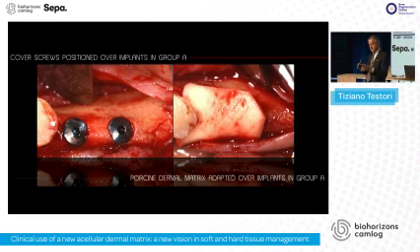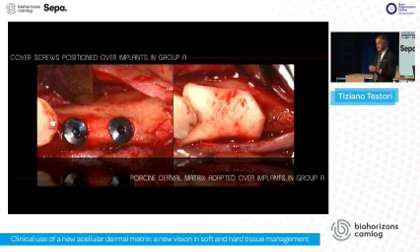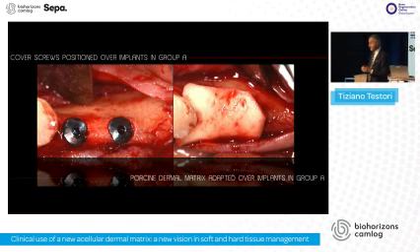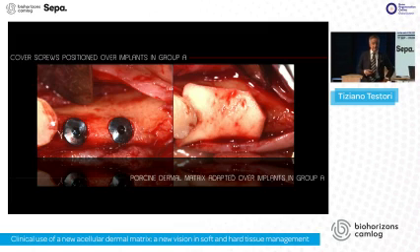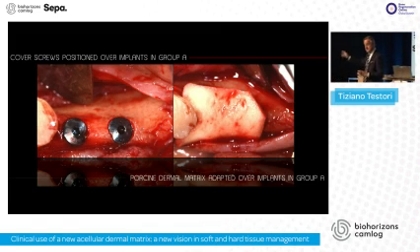If you have a matrix that is not really moldable, it does not adapt to the site and has an elastic memory that returns, you can have soft tissue dehiscences if you have a thin flap on top of these matrices. So from the clinical point of view, having a matrix that adapts very well to the site is a very clinically relevant factor.